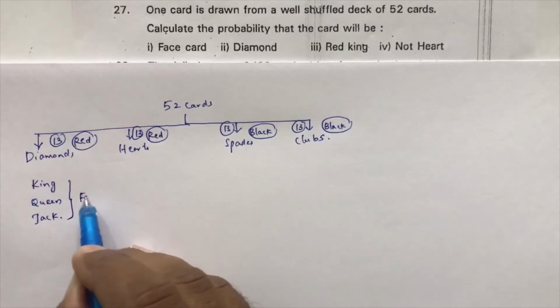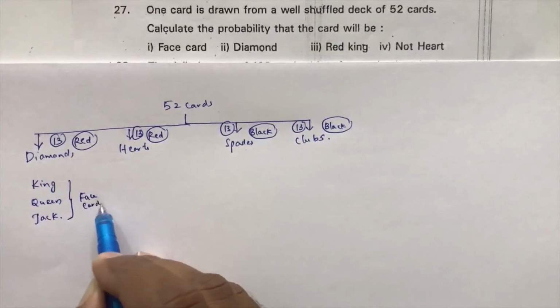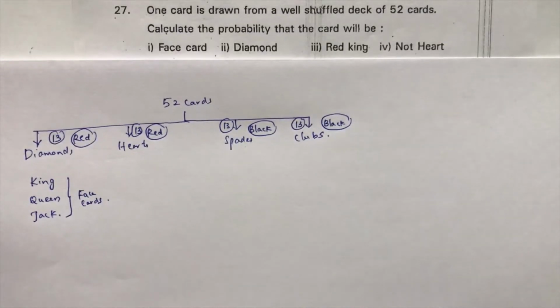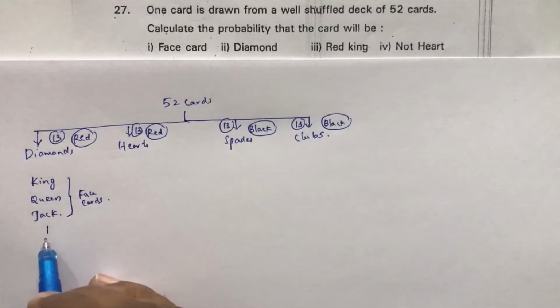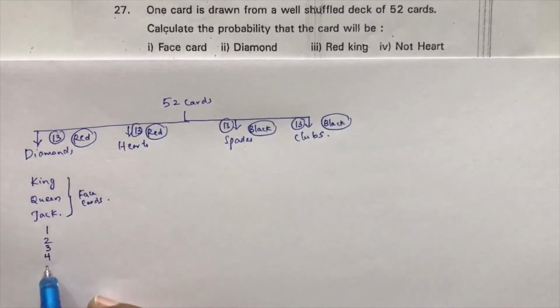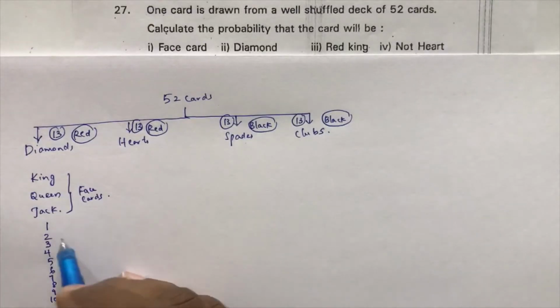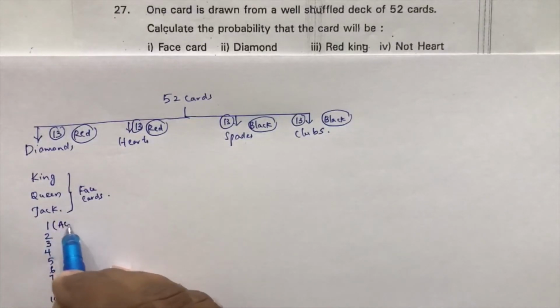These are the face cards, or picture cards. And the number cards are 1, 2, 3, 4, 5, 6, 7, 8, 9 and 10. So these all are number cards, and this one is called the ace.